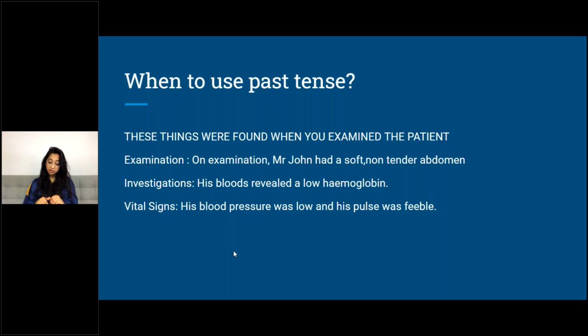Please just type in the question that you have and I'm happy to answer it. Okay, so that's how we're going to make our life easy. When we're talking about things which happened when we examined our patient or investigated their complaint, we're going to be using the past tense. And that's the easiest tense to use. Why won't you use it?